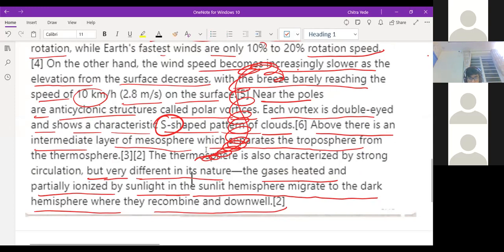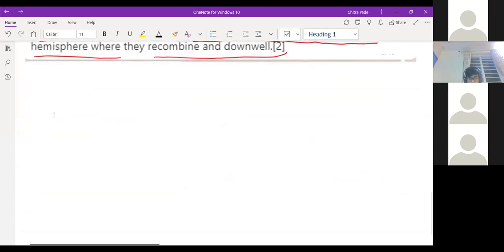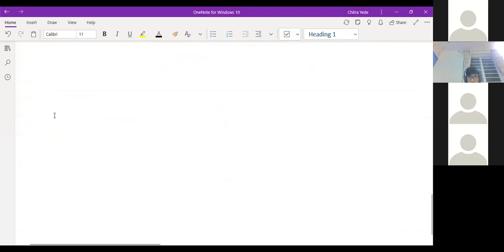So if we conclude about the atmosphere of Venus compared to the Earth, Venus has a very high percentage of carbon dioxide, then nitrogen, and then other gases. Water is present at only 20 parts per million in the atmosphere of Venus, which means very little humidity is present.